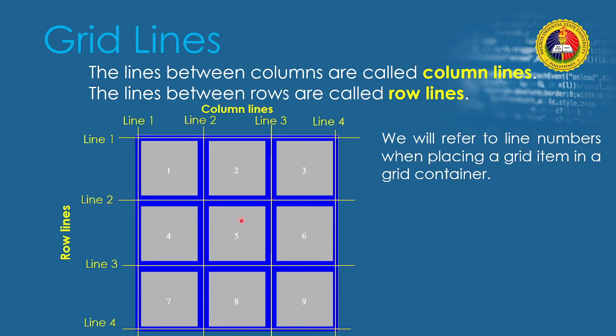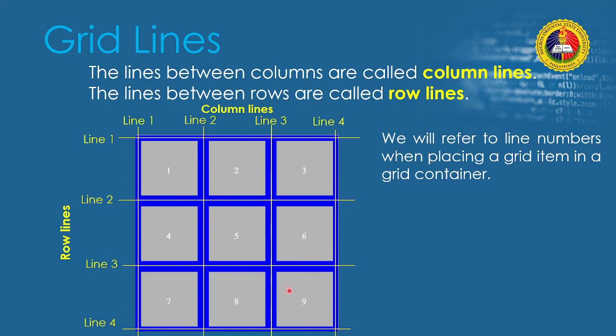So all we're going to set is the top left corner, the top and left corner. Again, the 5 is located in column line 2, and it starts in row line 2. Okay? So that is how we're going to locate it.